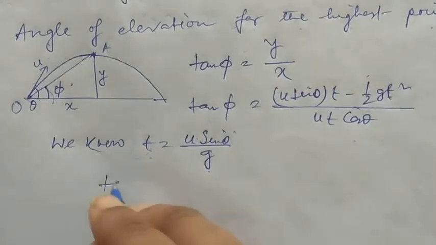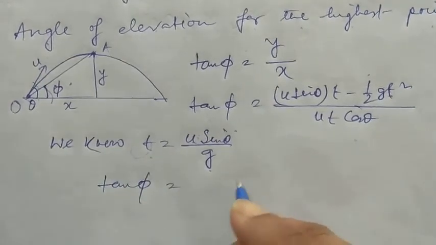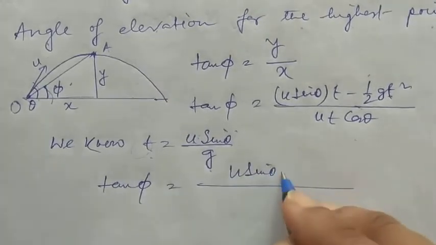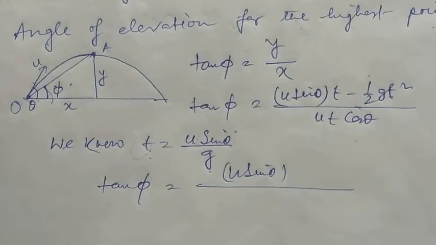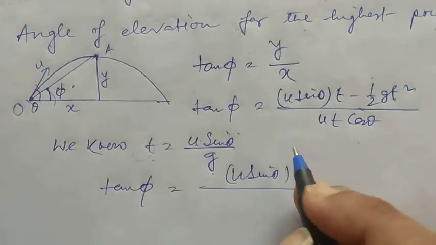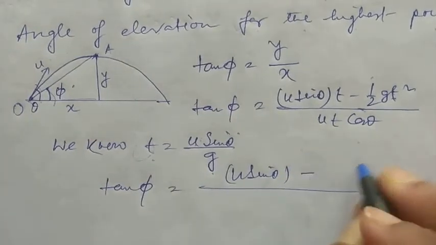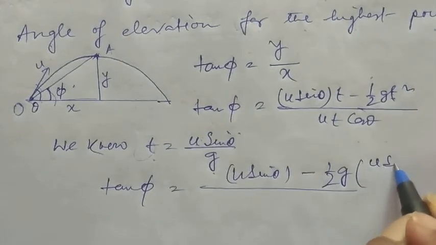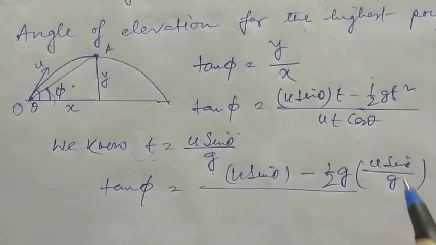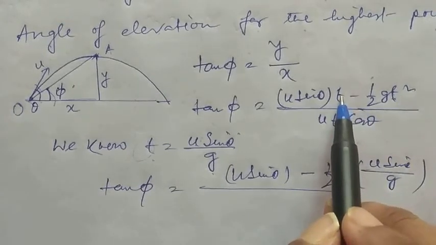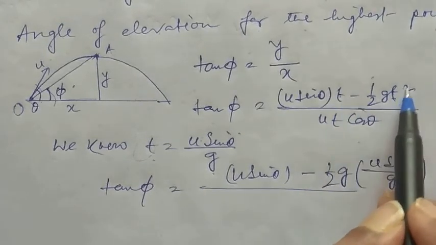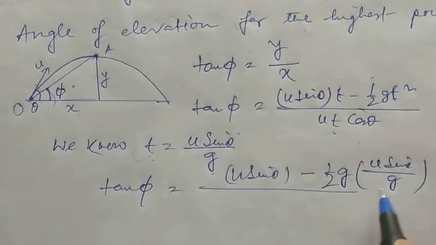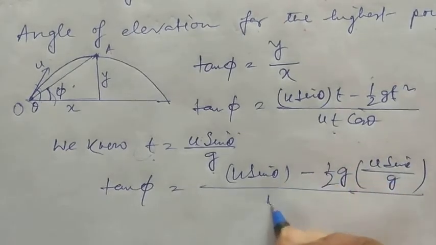we get tan phi is equal to u sin theta minus half g t, where t means u sin theta by g. One t gets cancelled here, because here is t square and here is 1 t. So one t gets cancelled, over u cos theta.